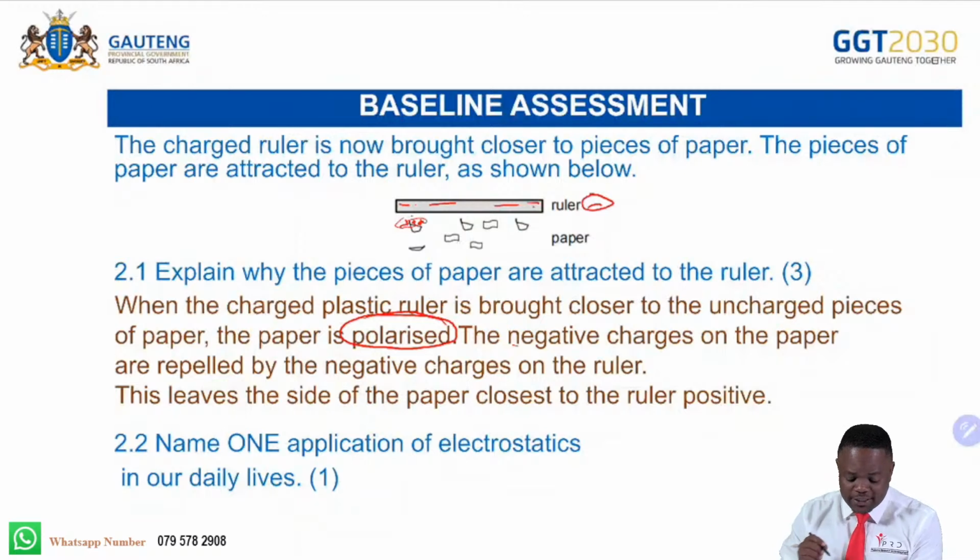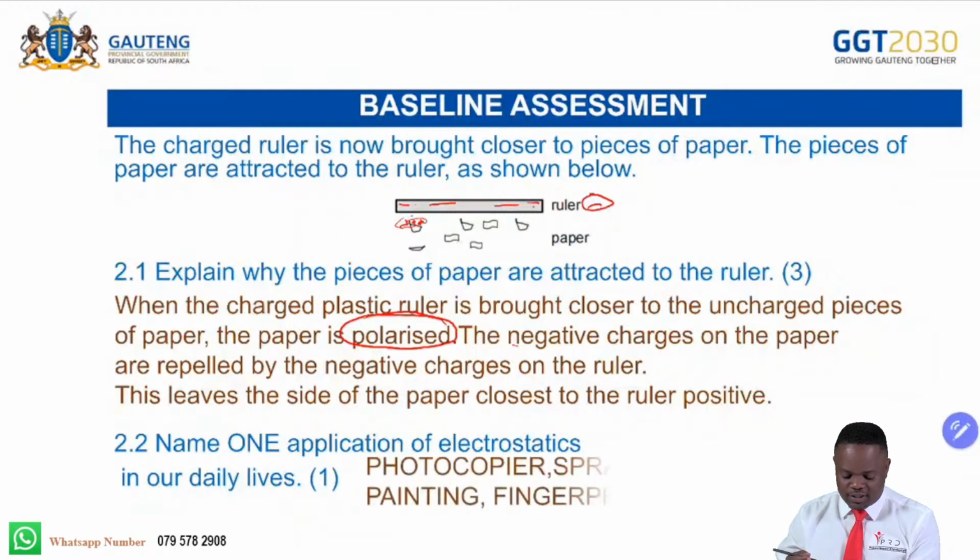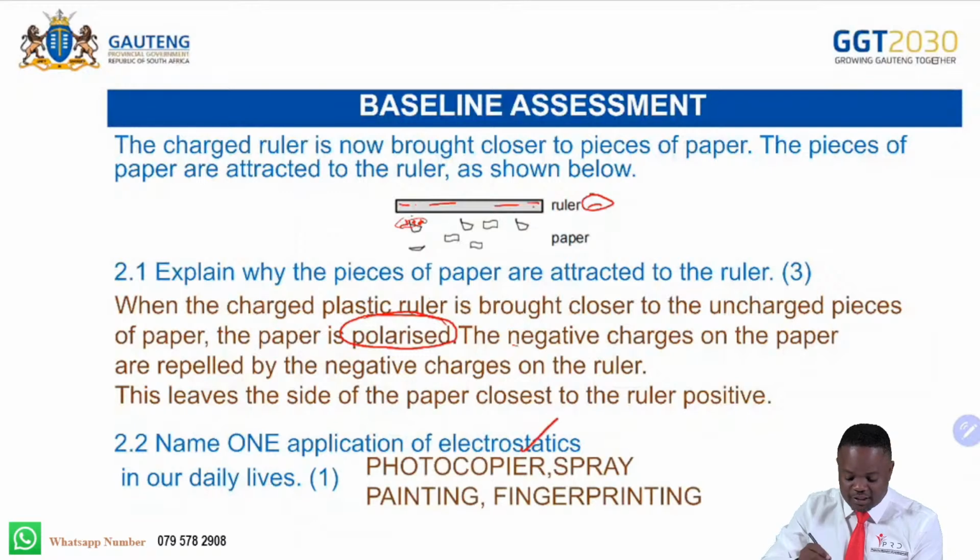And then, name one application of electrostatics in our daily life. In our daily lives, you can mention any of the following: photocopiers, spray painting, fingerprinting, and so on. These are the places where we find application of electrostatics.